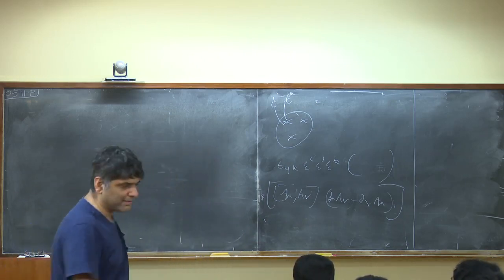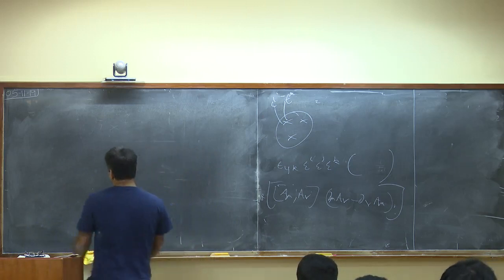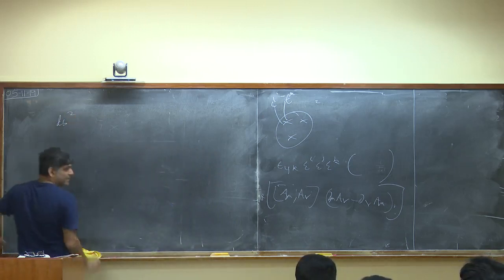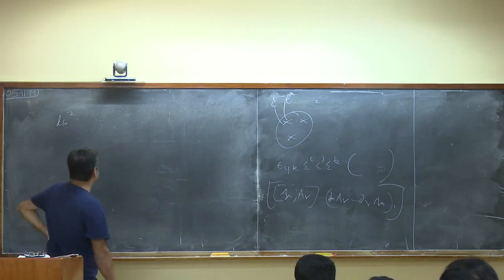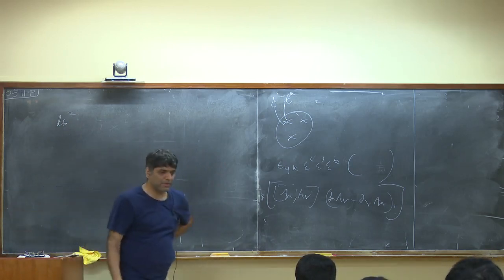It's a very simple fact that I want to explain to you. So suppose we've got a gravitational theory with a metric that has a circle. We'll call that circle X10.